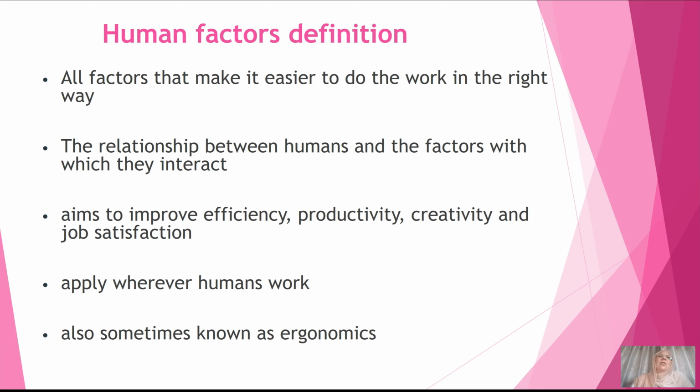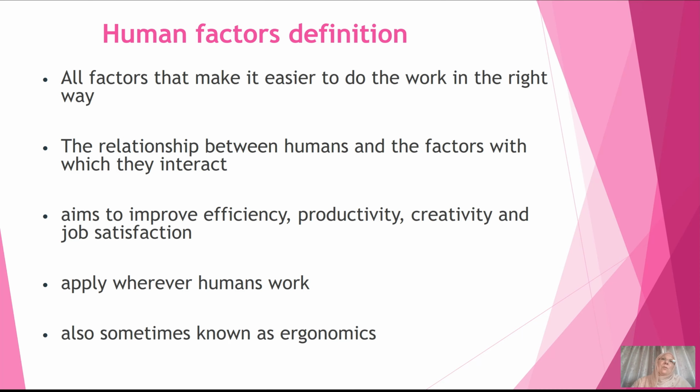It is the relationship between humans and the factors with which they interact, and it aims to improve efficiency, productivity, creativity, and job satisfaction. It applies wherever humans work, and sometimes it's also called ergonomics.